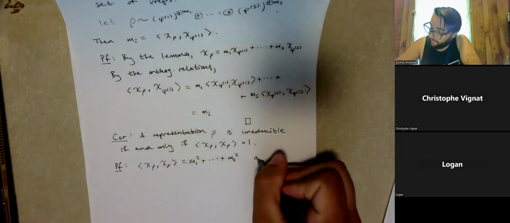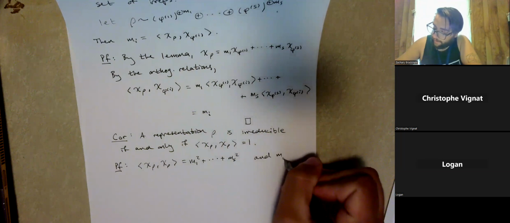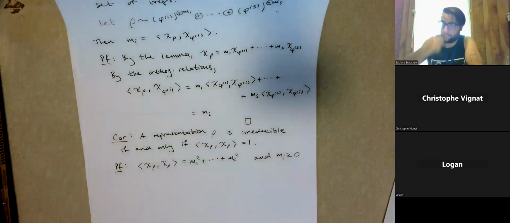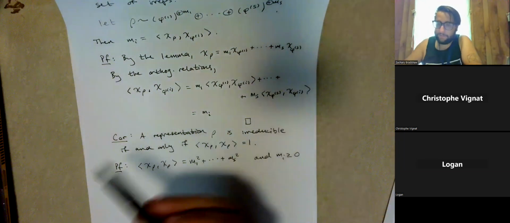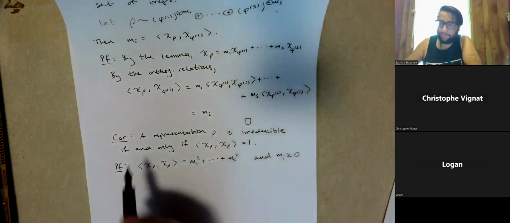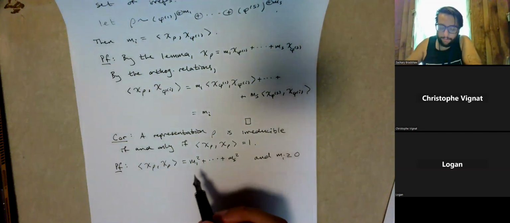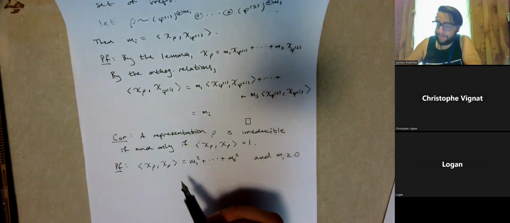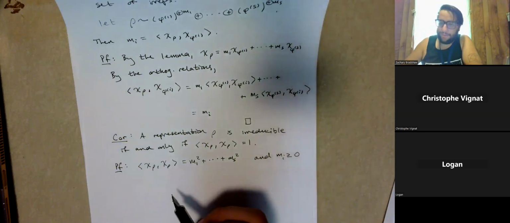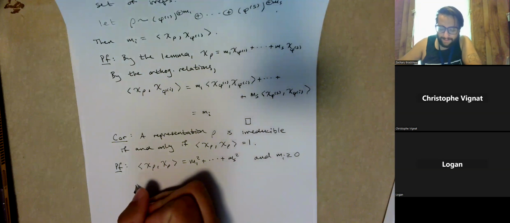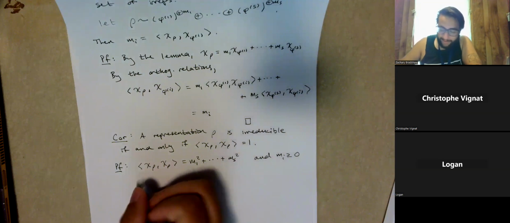And note that m_i is greater than or equal to 0. Doesn't make sense to direct sum a negative number of things, or maybe it does, and I don't know the extension to the negative numbers. That happens a lot.